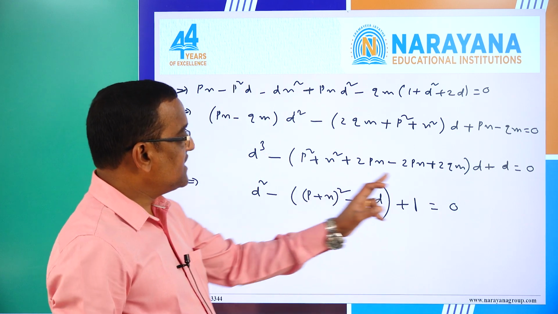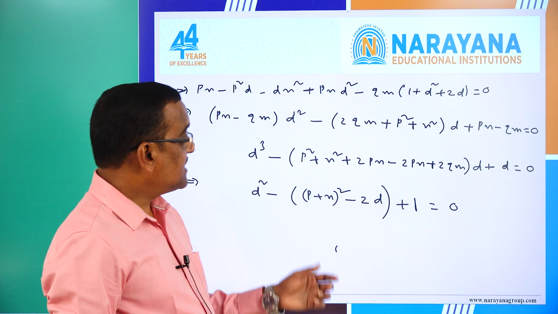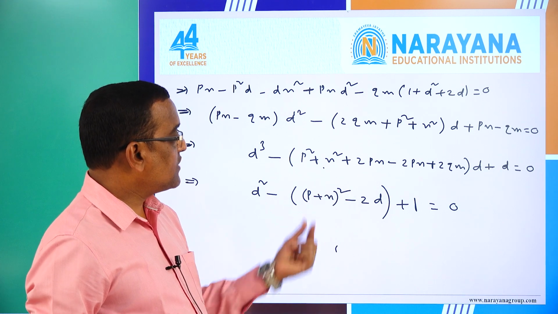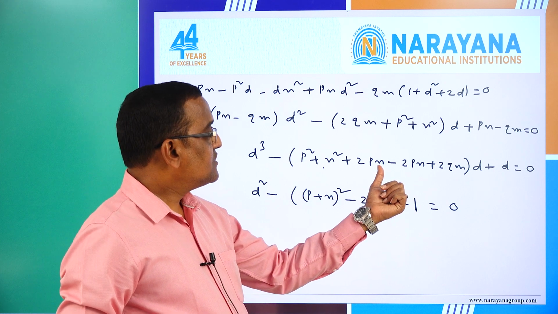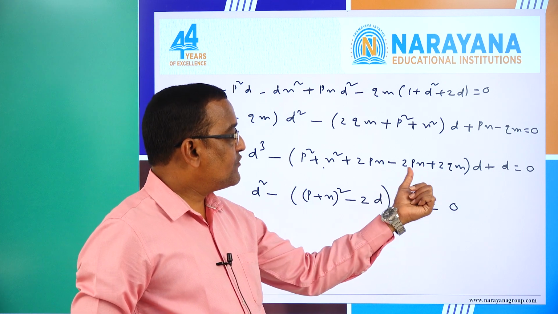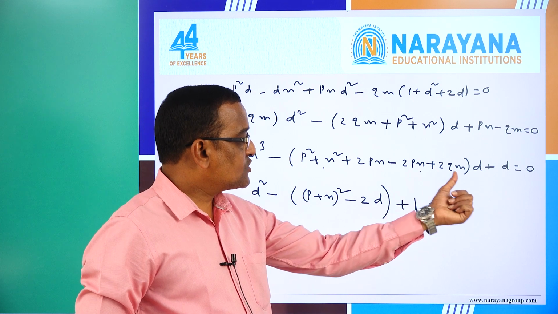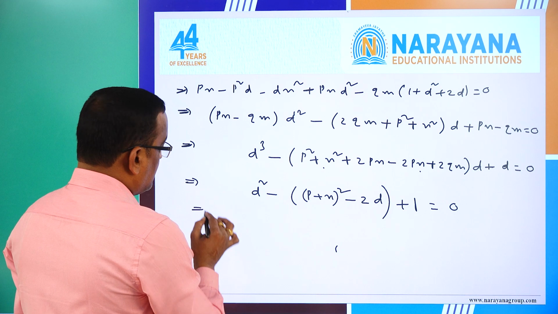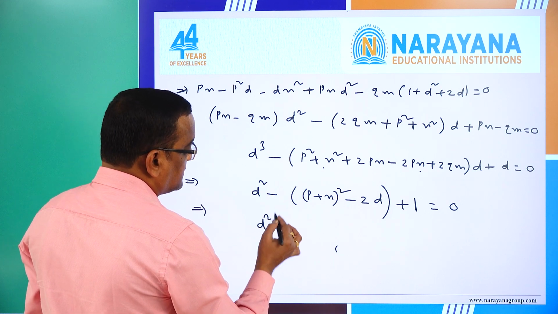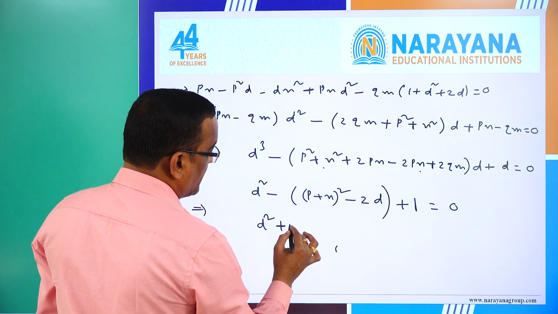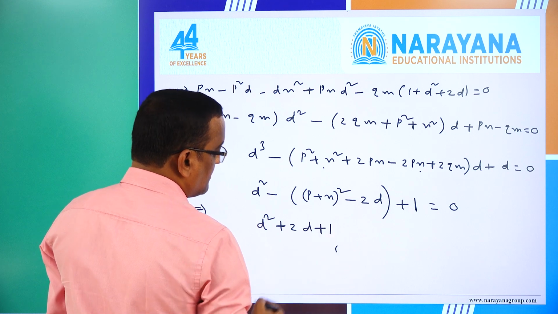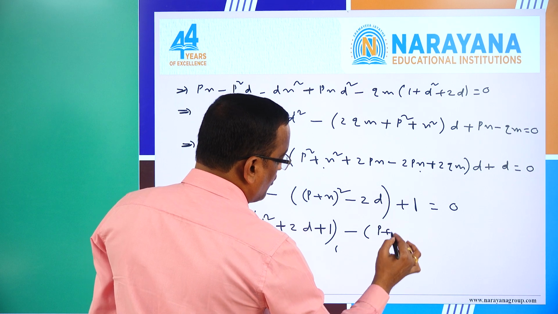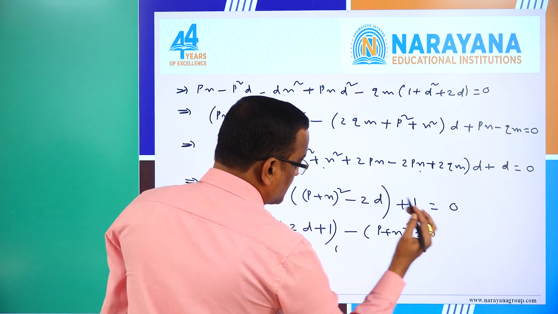First cancel 1 d, and after that add and subtract 2Pn to this, so that it is p plus n whole square, and this minus 2Pn plus 2Qm, if you take minus 2 common, it is Pn minus Qm, that is also d. Now this is d square plus 2d plus 1, minus p plus n whole square is equal to 0.